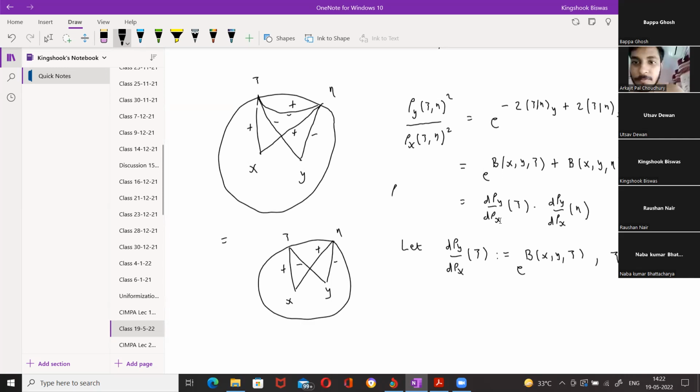So this is equal to rho y(xi, eta) squared over rho x(xi, eta) squared. This equality is called the geometric mean value theorem.